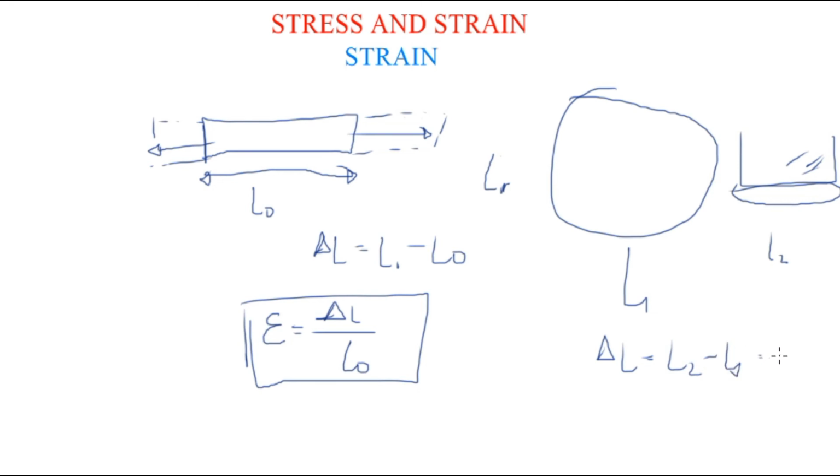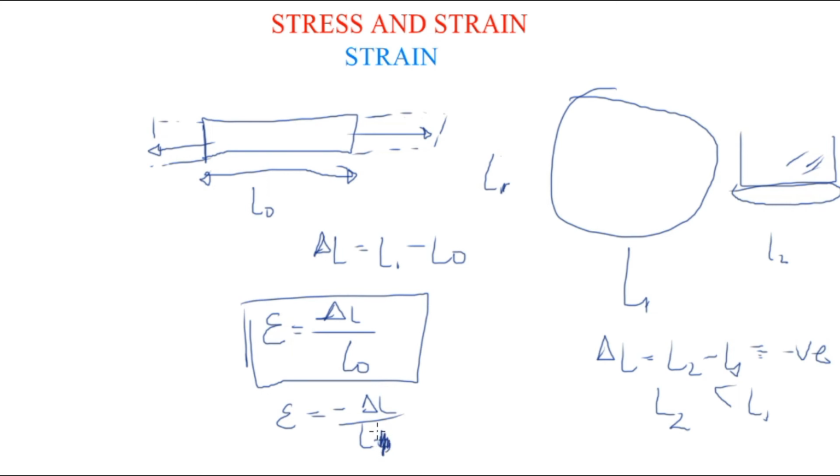In this case, it will be negative because it is compressive. The new length is less than the initial length. As a result, the extension in this case will be negative. I used L1 or L0, any one, but it simply means the initial length.